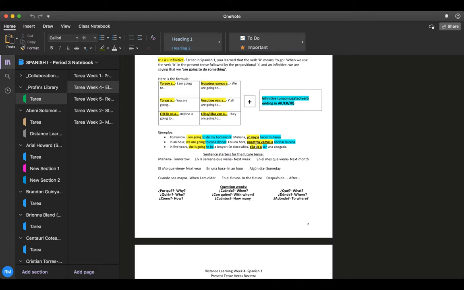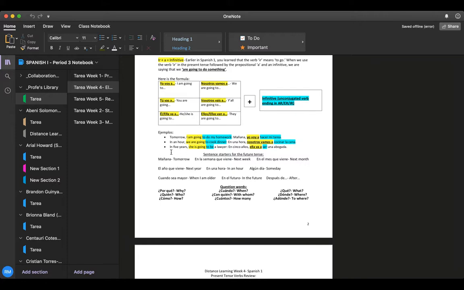Notice, the yellow here, nosotros vamos a, corresponds to the yellow over here. We are going to. It also corresponds to the yellow up here in the conjugation box. Now, I don't need to conjugate the verb cocinar, which is in blue, because it is an infinitive. And if it's in blue, it's an infinitive. To cook, cocinar la cena.